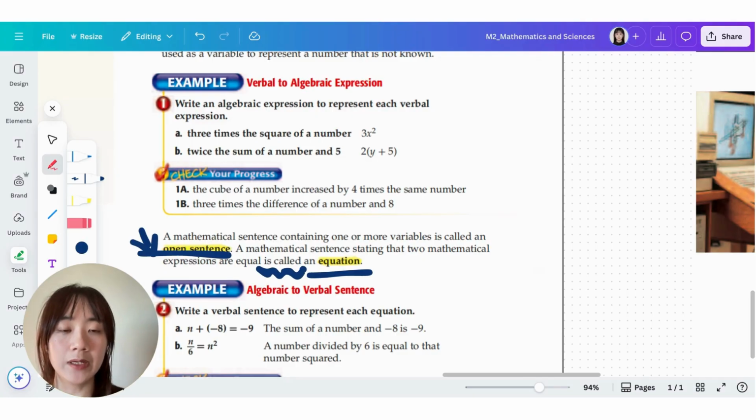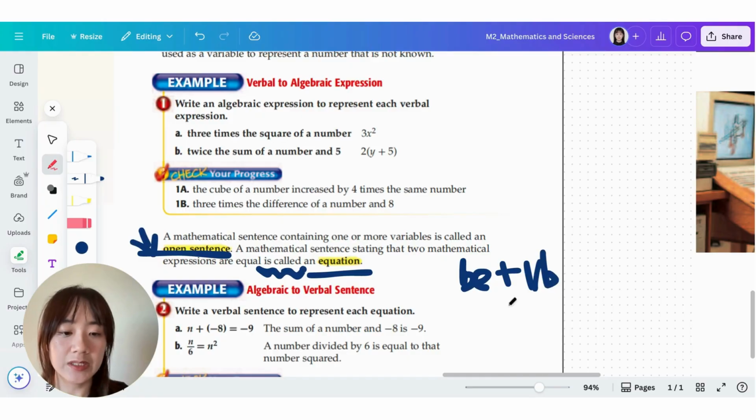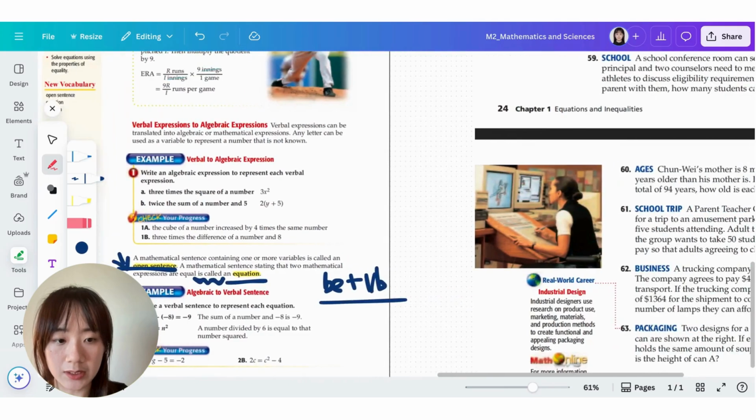So here we may use the sentence structure table to guide students to know that the passive voice, be plus the verb, is normally used when we want to explain a definition.